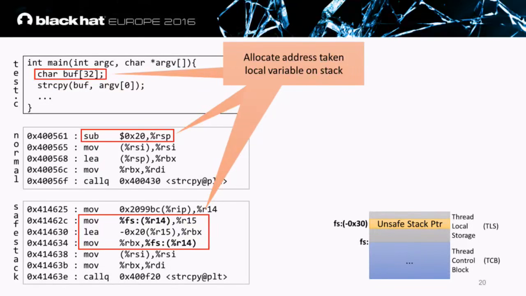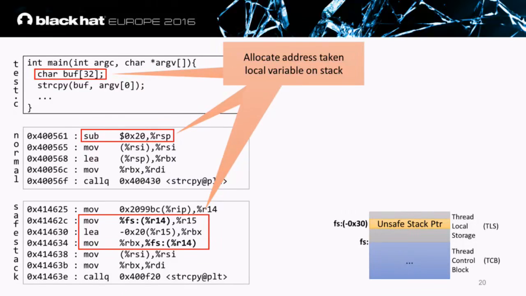And in the SafeStack example, the buffer is located on the unsafe stack. The unsafe stack is maintained through a pointer in the thread local storage. It retrieves this through the FS register.